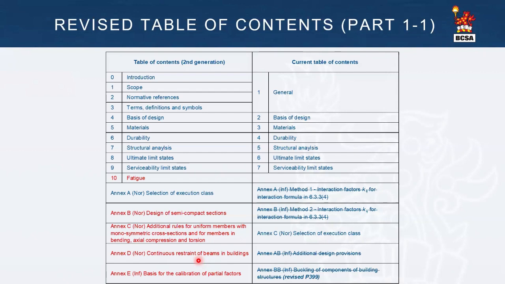We will make, however, these requirements available in the revised SCI publication P399 for portal frames, and we'll make a reference to this revised publication in the UK National Annex, so you can continue using the guidance.